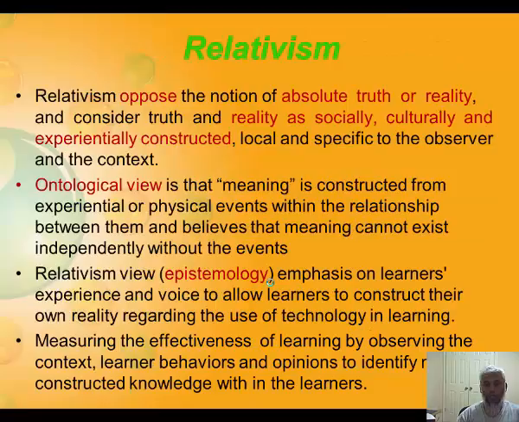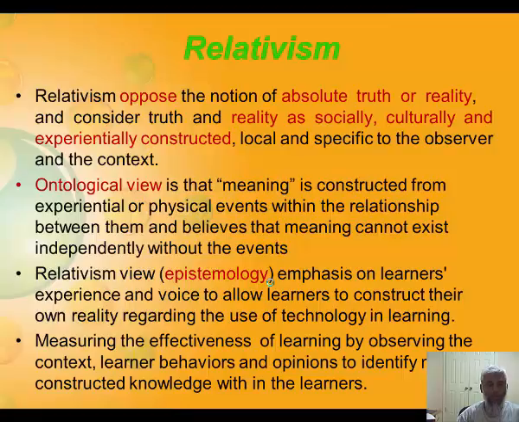Relativism opposes the notion of absolute truth or reality and considers truth and reality as socially, culturally, and experientially constructed, local and specific to the observer and the context. The ontological view is that meaning is constructed from experiential or physical events and the relationships between them, and that meaning cannot exist independently without the events.